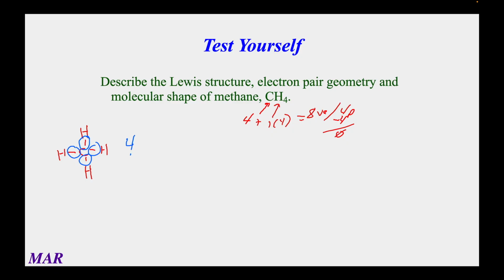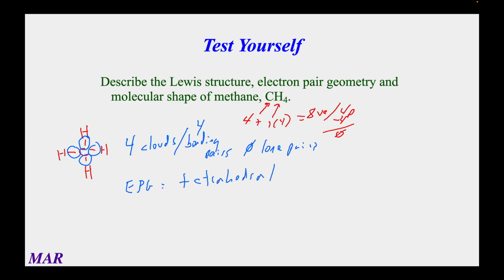So there's 4 clouds around the carbon, and all of them are bonding pairs. So if you look back on that list where there's 4 clouds, 4 bonding pairs, and 0 lone pairs, you'll see that the EPG is called tetrahedral.